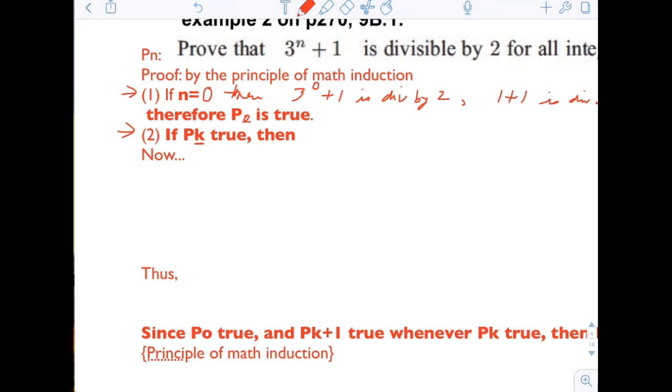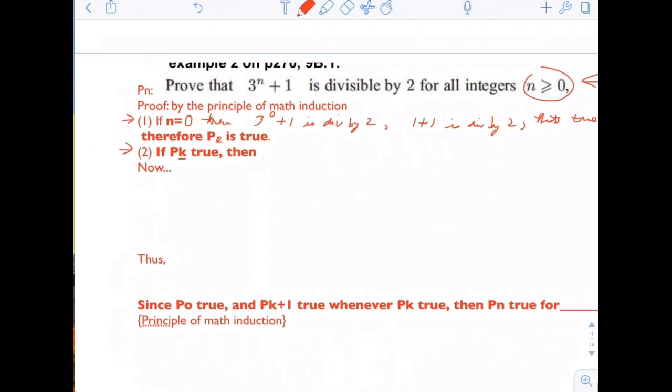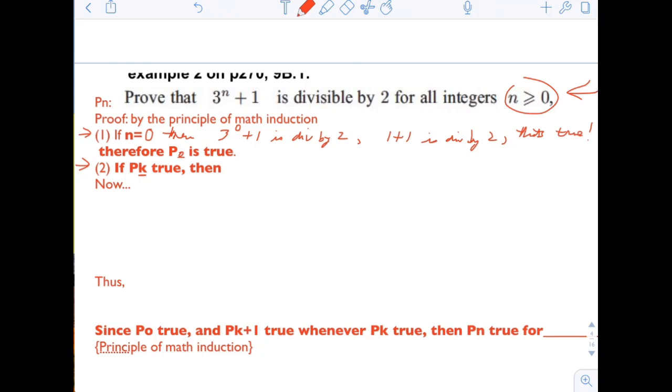So if P of k is true, then we're going to take this expression, substitute k instead of n, so we know that 3 to the k plus 1 is divisible by 2. So it's equal to 2a, where a is an integer. Okay, so we have an expression which illustrates this.